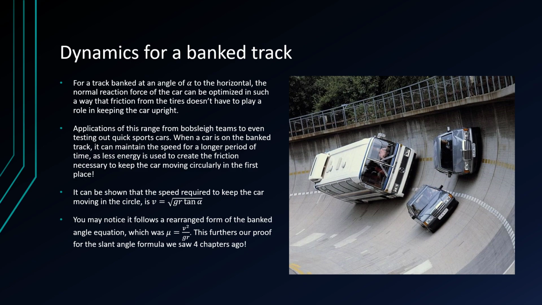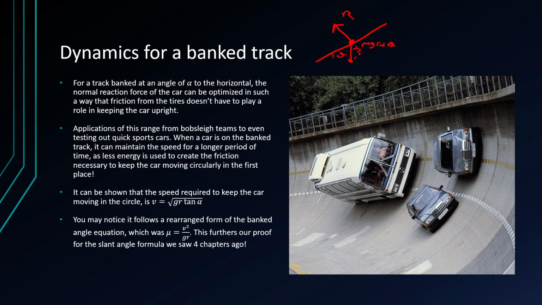But for a track banked at an angle alpha to the horizontal, the normal reaction force of the car can be optimized in such a way that friction from the tires doesn't have to play a role in keeping the car upright. It's a very counterintuitive thing, but basically the reaction force, if sufficient, can actually balance out the perpendicular component of the weight force.